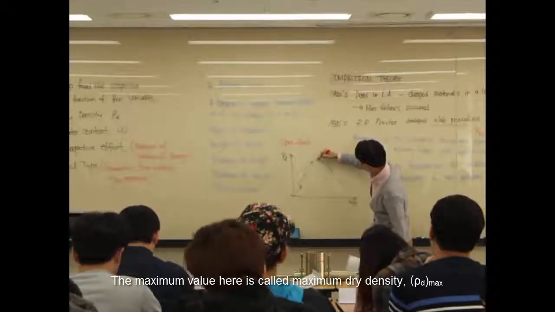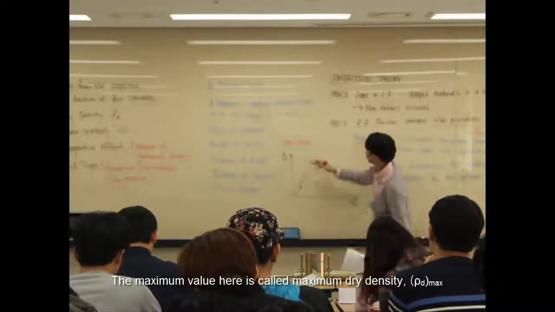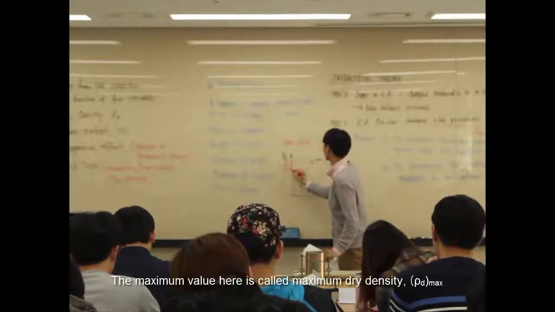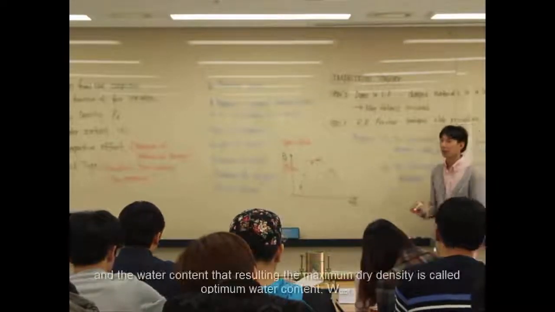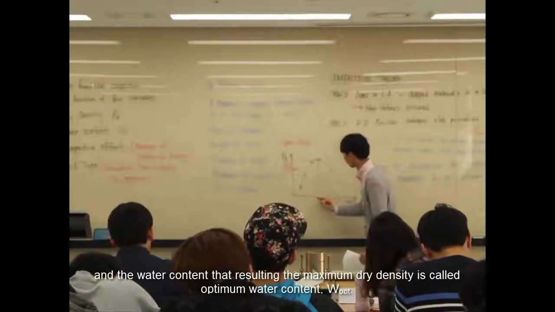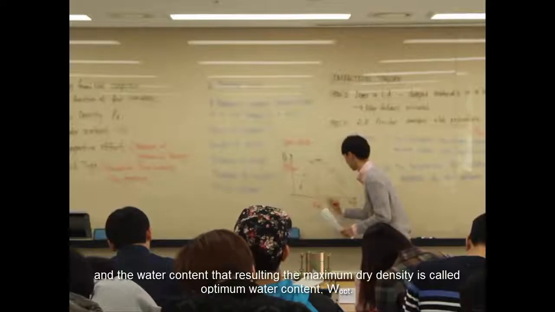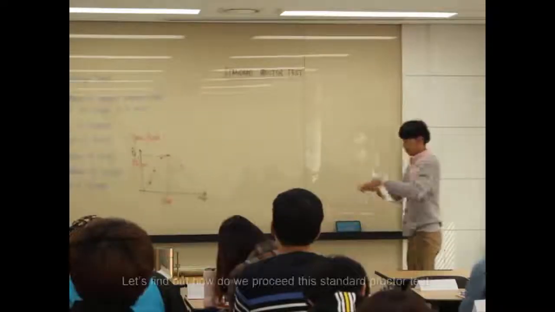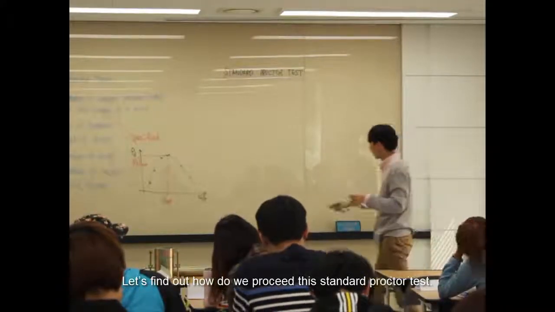The maximum value here is the maximum dry density, rho d max. And the water content that results in the maximum dry density is called the optimum water content, w sub OPT.